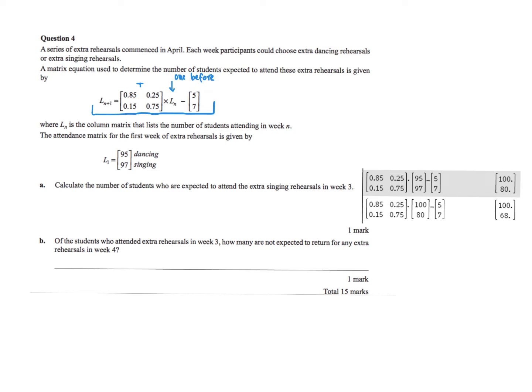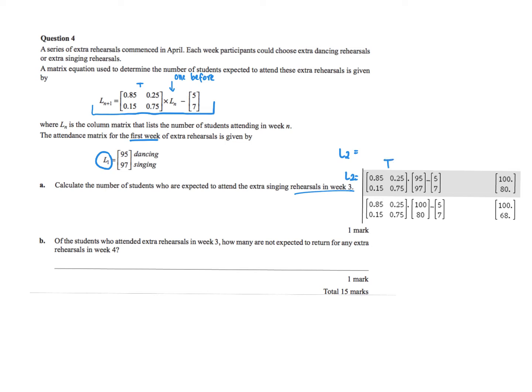Okay, so calculate the number of students who are expected to attend the rehearsal in week 3. Now they've said that L1 is week 1. So L2 would be week 2 and L3 week 3. This is me finding L2. We're using the formula.